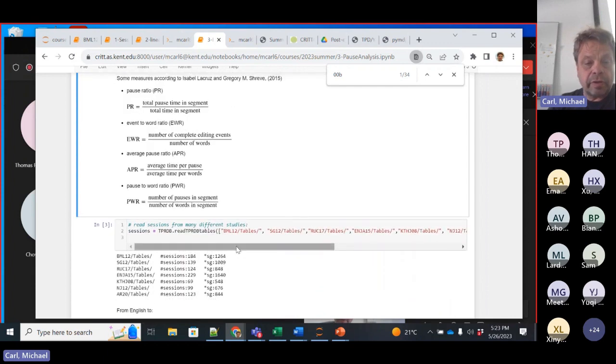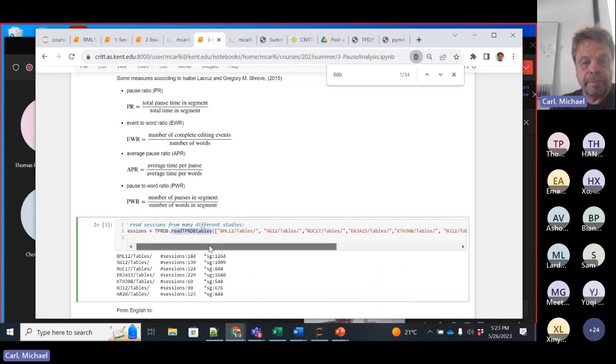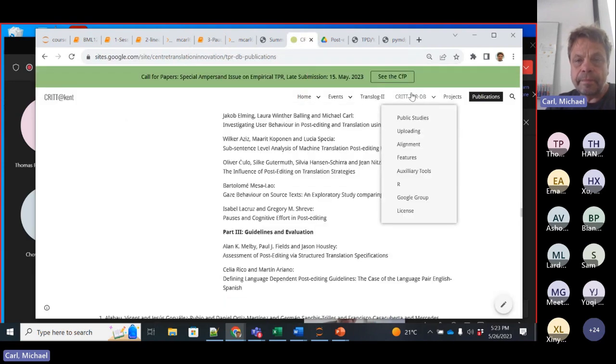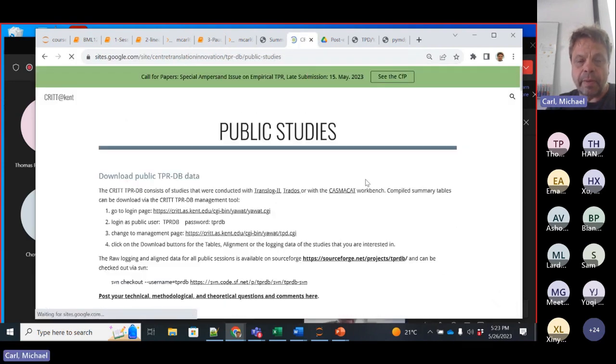So what we can do first is read the segments from this TPRDB. And as you can see, this function reads very many different studies. We have this BML study. By the way, all these studies are described here in the public study folder.